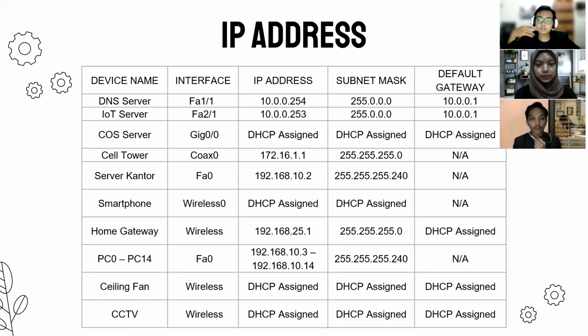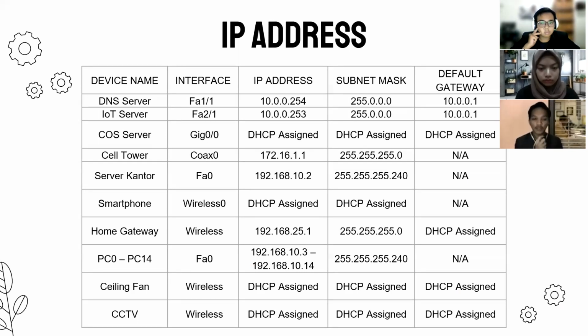The server kantor uses FastEthernet 0, port 0, IP address 192.168.210.2, and subnet mask 255.255.255.240. The smartphone uses a wireless connection. The IP address and subnet mask are dynamic, and there is no default gateway.